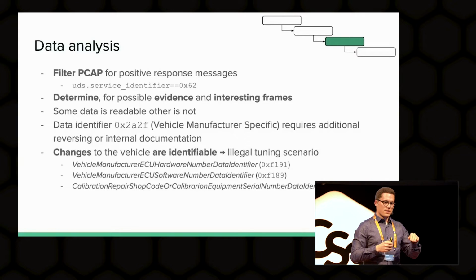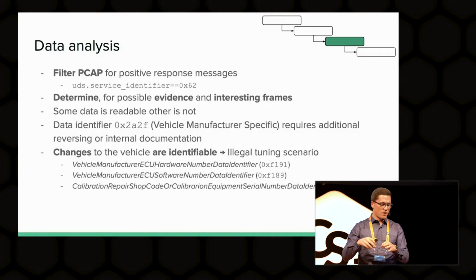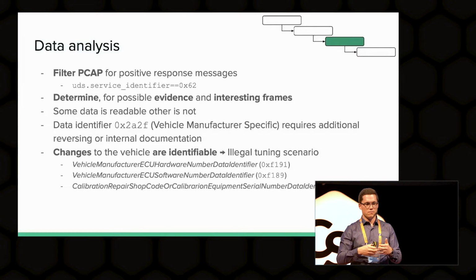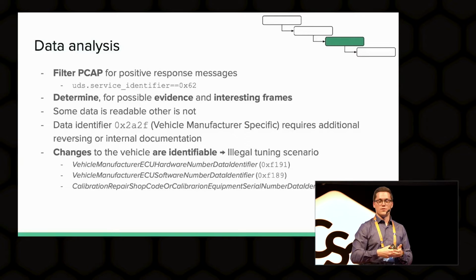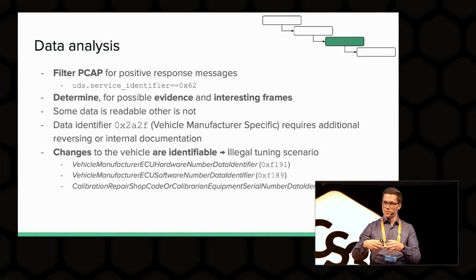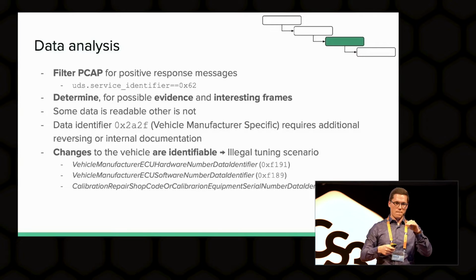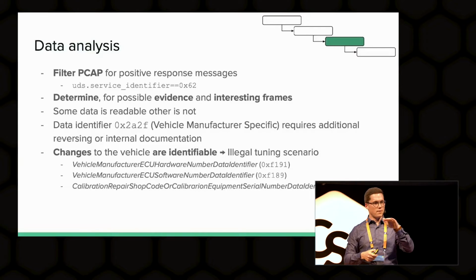One example here is that we can determine changes to the software. For example, in an illegal tuning scenario, where an OEM or someone wants to determine if the vehicle was tuned and the software was modified, you can use the top 2 UDS service identifiers: has the hardware changed or the software changed.